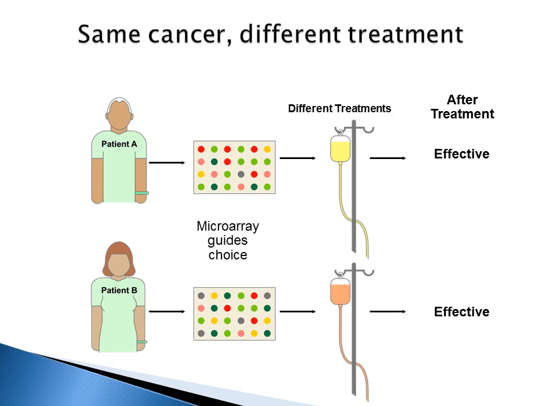So you have patient A and patient B. The microarray is going to give you a gene expression profile, and even though these patients might have the same exact cancer, the expression profile differs, so the effective treatment may differ. So you can actually give each patient a different treatment that's going to be effective for their cancer, even though technically they're diagnosed with the same cancer.